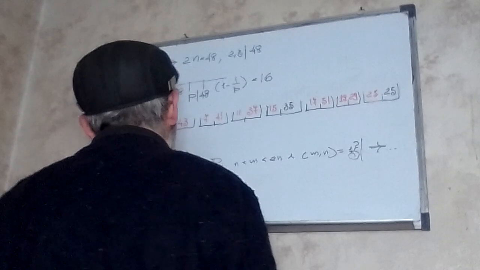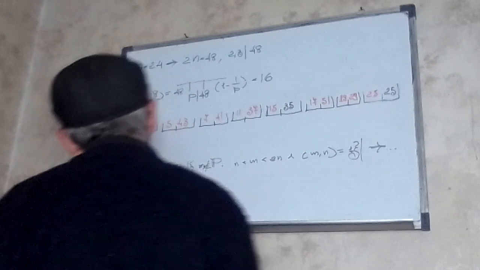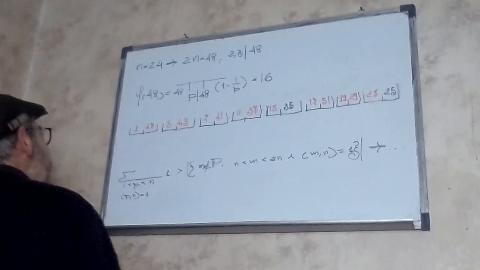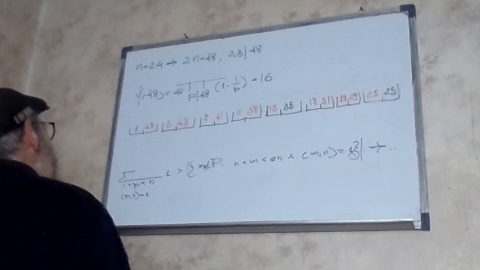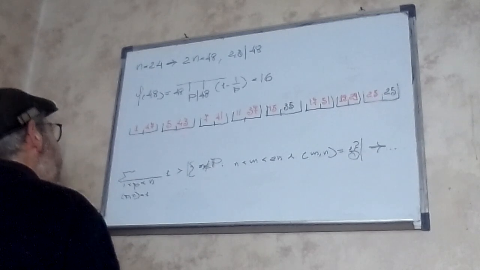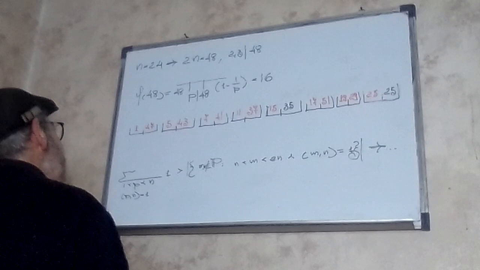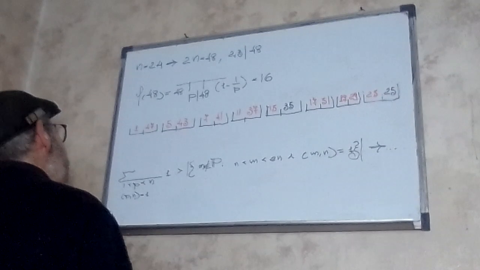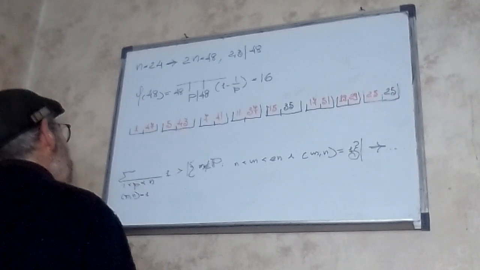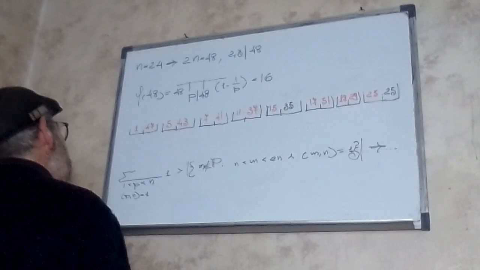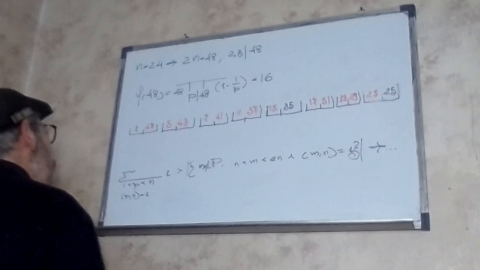I wrote in red the numbers belonging to the set of prime numbers to which I have adjoined 1.